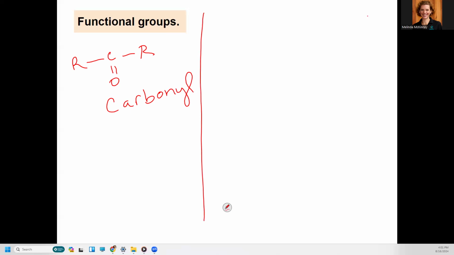The next one we're going to do, I'm just going to leave that up because these are very close. So the next one is called carboxyl. So carboxyl is going to be, we've got a molecule here, R, and then we've got a carbon, and then the carbon is double bonded to an oxygen, and then it has another bond.